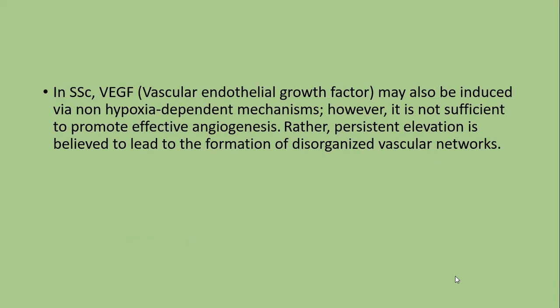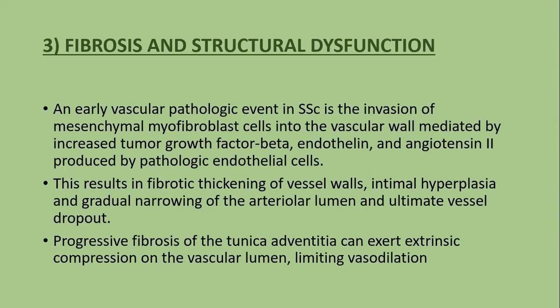In systemic sclerosis, vascular endothelial growth factors may also be induced via non-hypoxia-dependent mechanisms. However, this is not sufficient to promote effective angiogenesis. Rather, this persistent elevation leads to formation of a disorganized vascular network. So everything regarding new vascular development is disturbed in these conditions.